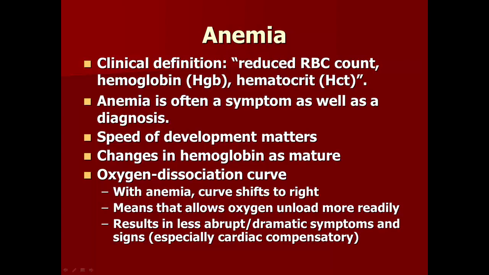Now, when we are born, our hemoglobin is closer to 20. That makes sense because the developing fetus develops in a relatively hypoxic environment. Therefore, it makes sense that they would have more red blood cells to carry the oxygen as they're developing.